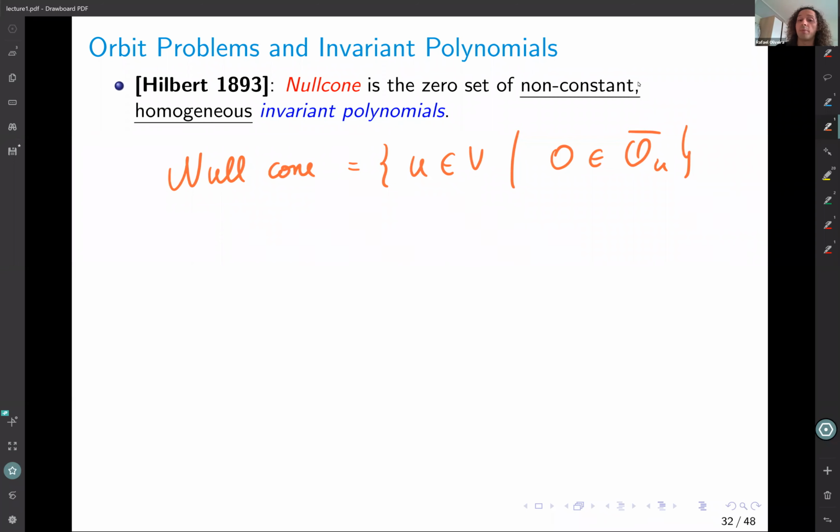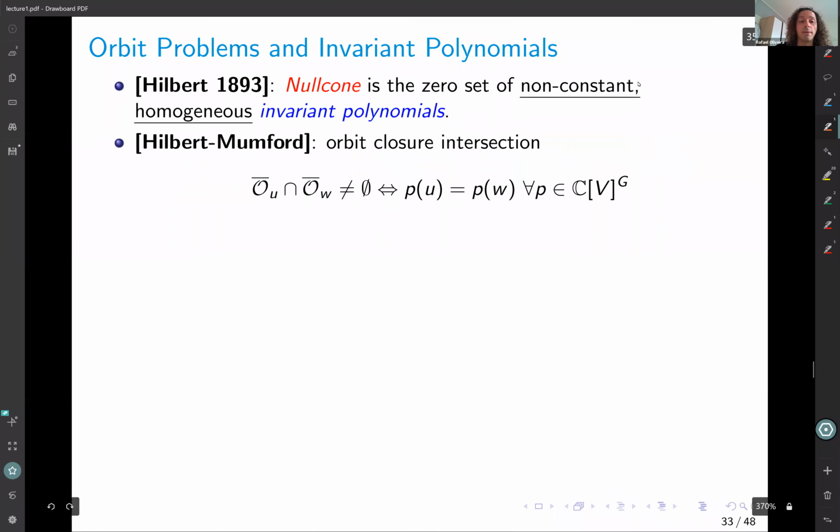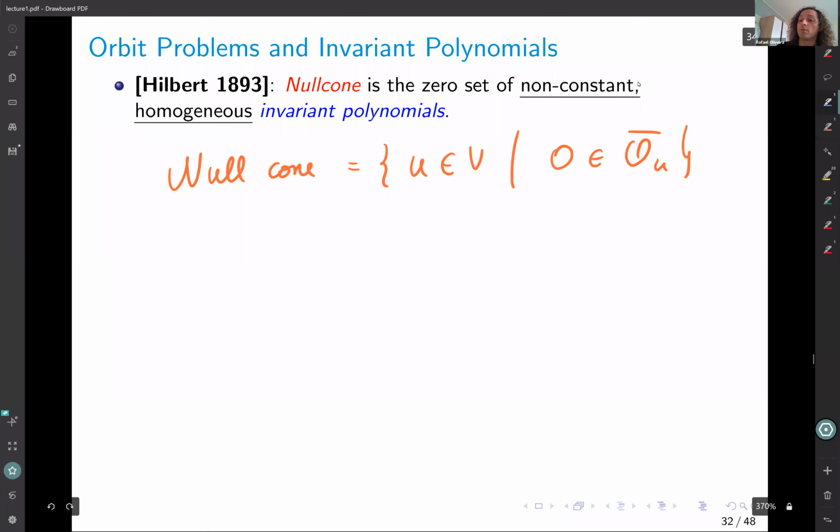Okay, and an invariant polynomial, which I did not define, I'll define now. What is an invariant polynomial?